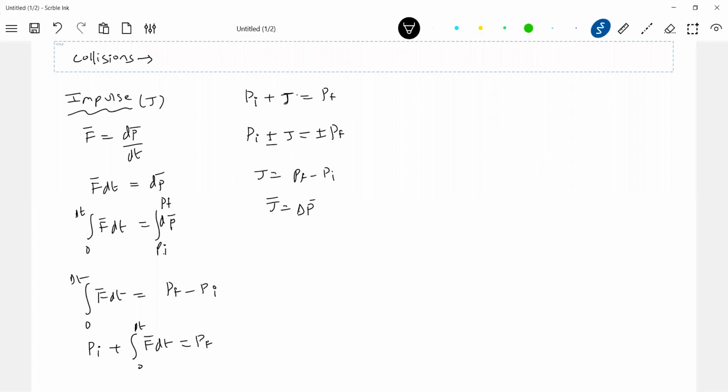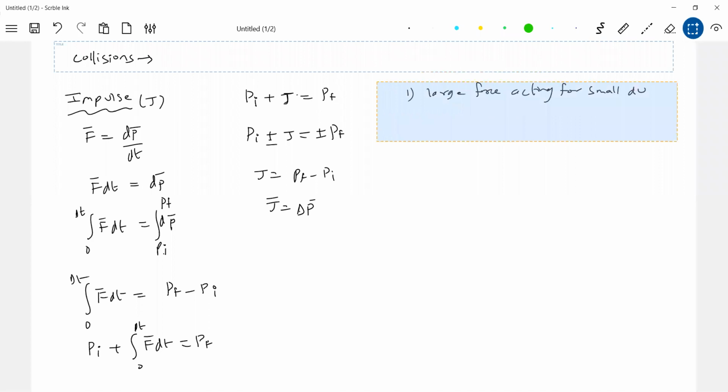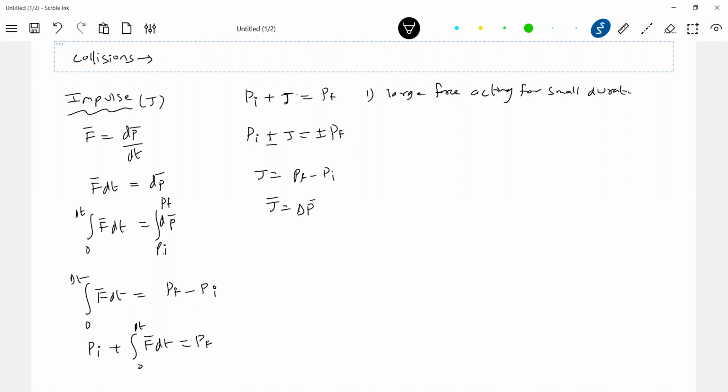Now, what is impulse? A force acting for a duration of time. There are four ways we can categorize it. First case: large force acting for a small duration of time. Second: large force acting for a large duration of time.